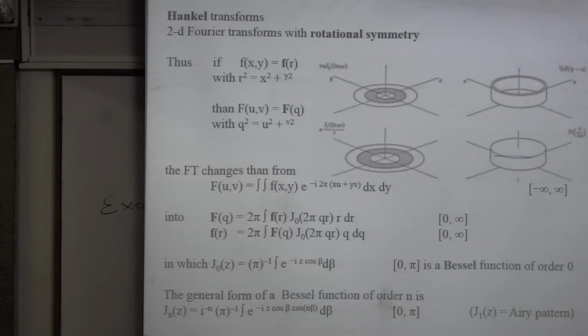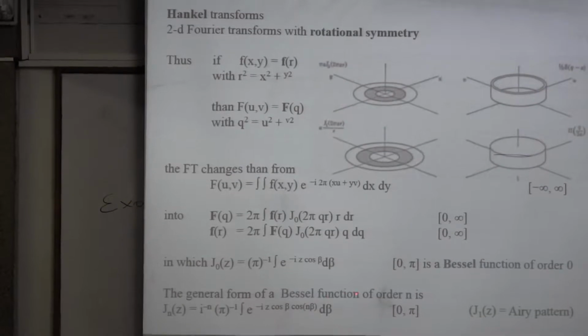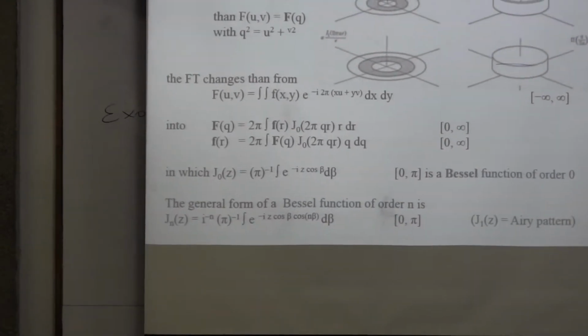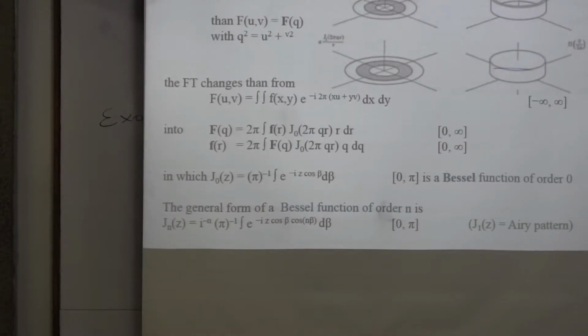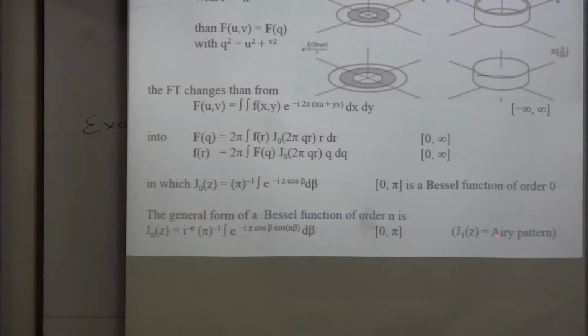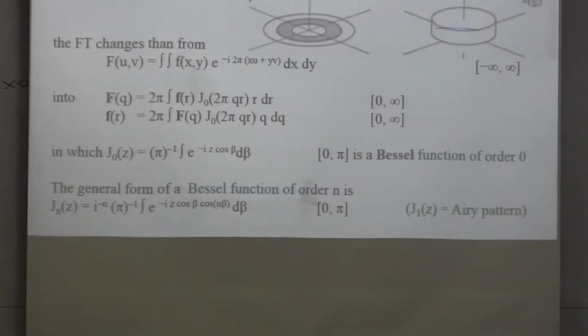So that is sampling a disk. And that one becomes a Bessel function of the first order, and that becomes then a J1 of X, or an Airy pattern.